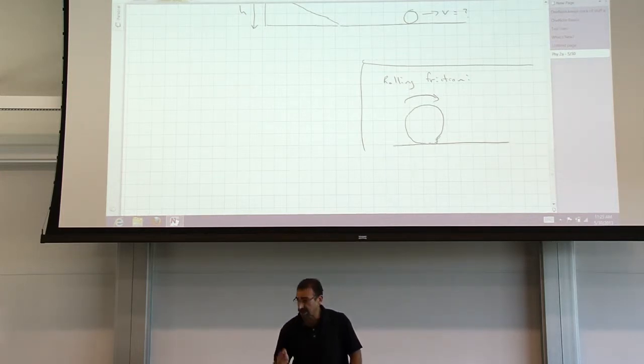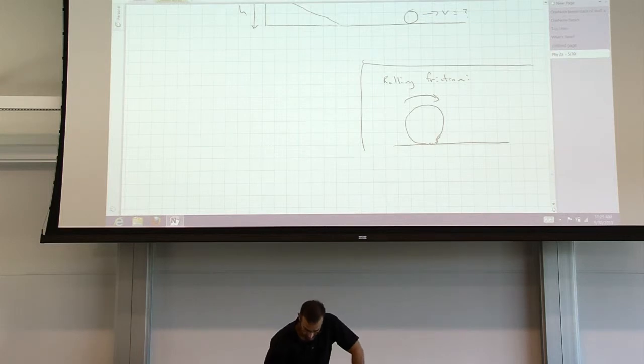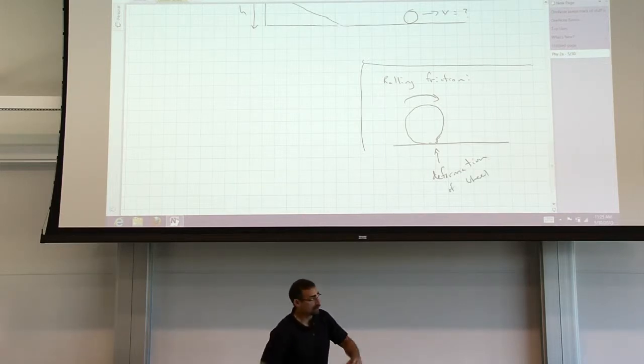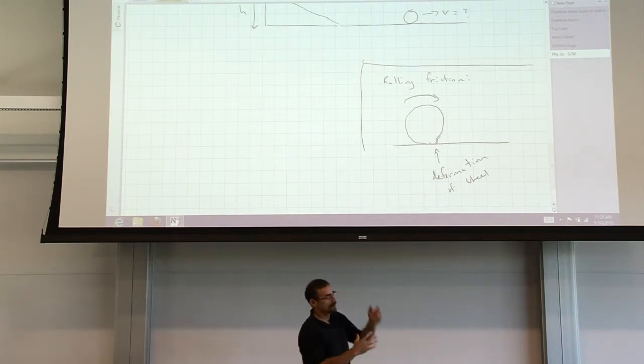As it rolls, the rubber deforms a little bit, forms a little bump right there. That's its deformation of the wheel, right? The rubber gives a little bit, deforms, and so that causes you to lose energy.